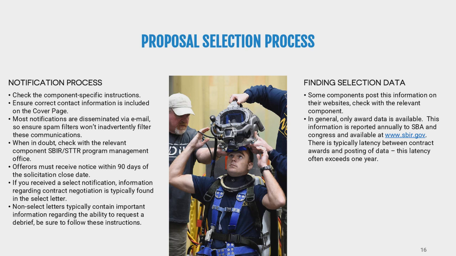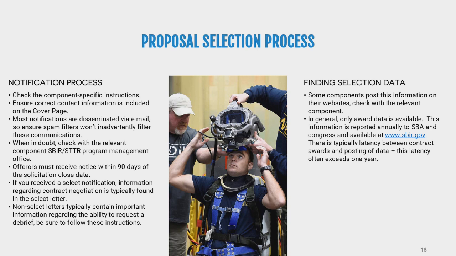You must receive notice within 90 days of the solicitation close date. So if you have not received a select or non-select letter and it's been pretty close to 3 months since you submitted your proposal, it's probably a good idea to contact the component program management office and find out if something went wrong.